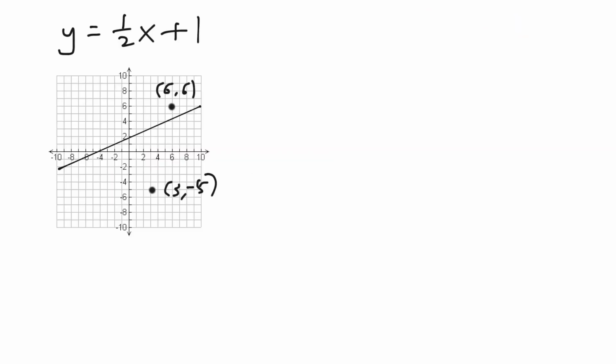In a linear inequality example here, we're trying to figure out whether the points that lie on a graph are equal to, greater than, or less than the equation. What you see here is a linear equation, y equals 1/2 x plus 1. This is the line that is indicated on this graph here.